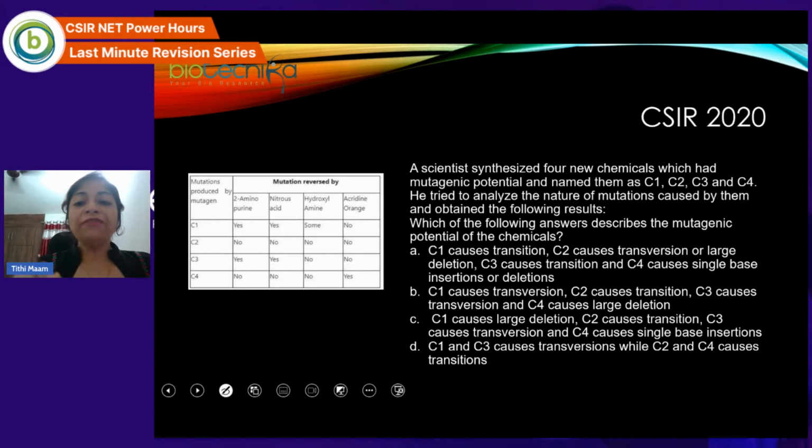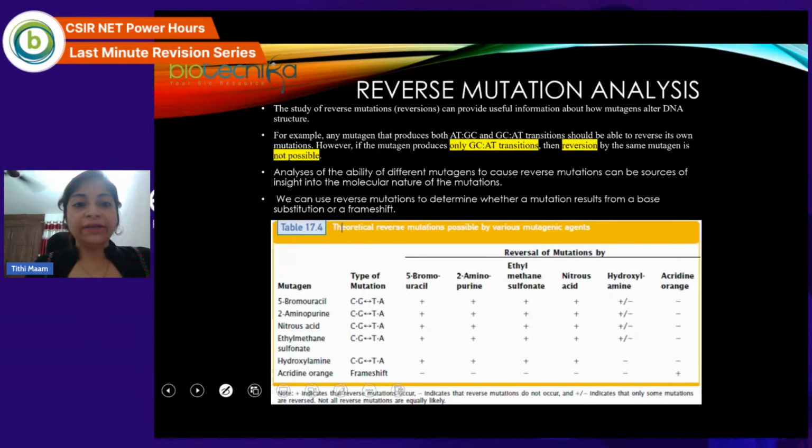Because we know what kind of mutation the known chemicals can incorporate, that helps us find out the basic nature of the mutation caused by the unknown chemical. So that is the mutation reversal study.